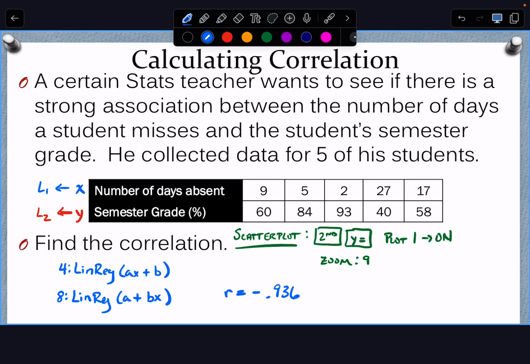If I wanted to interpret that, so we already established that this was a linear association, so this negative 0.936 tells us there is a very strong negative association between the number of days absent and the semester grade in a class.